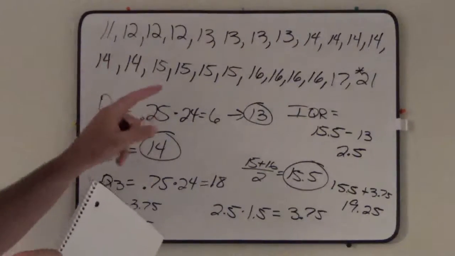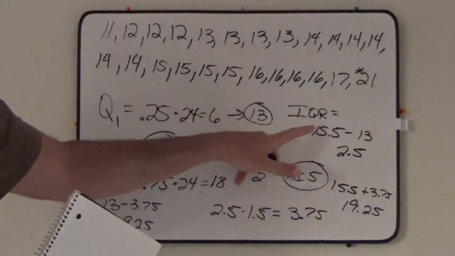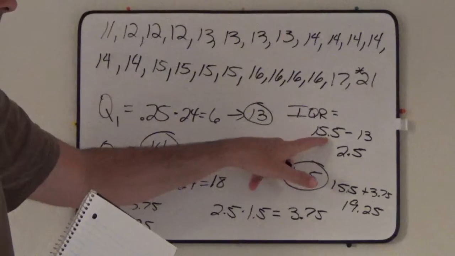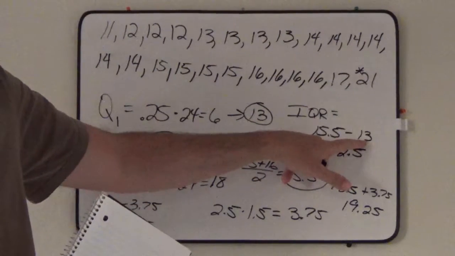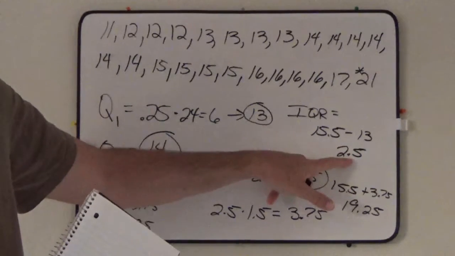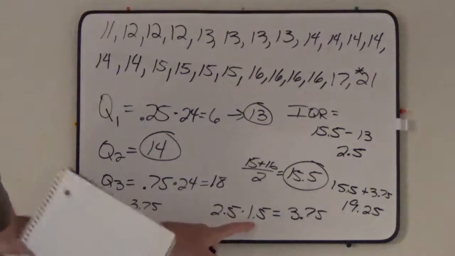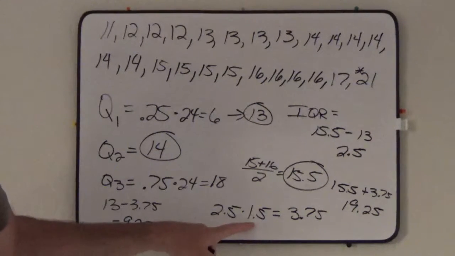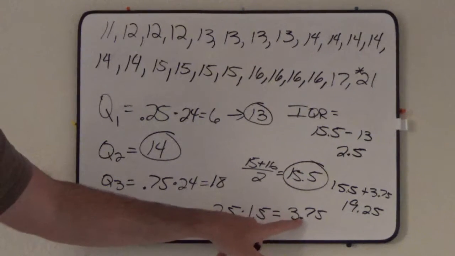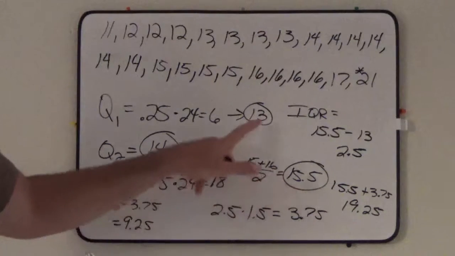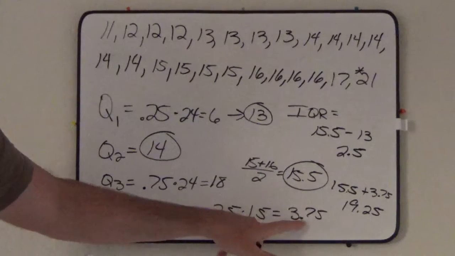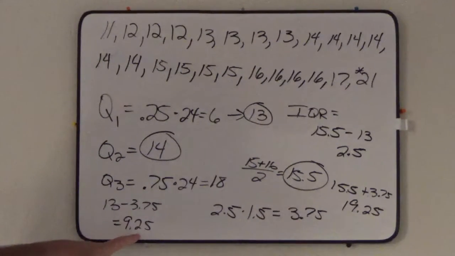Remember, I found the quartiles. I subtracted the lower quartile 1 from the upper quartile 3, and I got 2.5. I took 2.5 and I multiplied it by 1.5. You will always multiply by 1.5, and I got 3.75. Then I took quartile 1 and subtracted 3.75 from it to get 9.25.